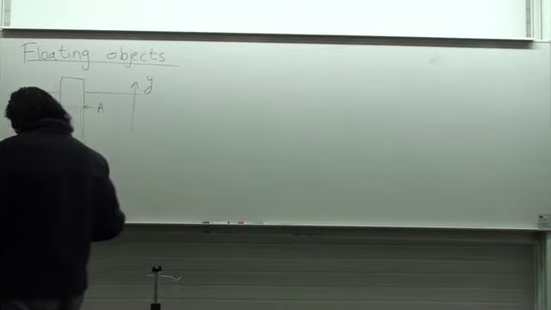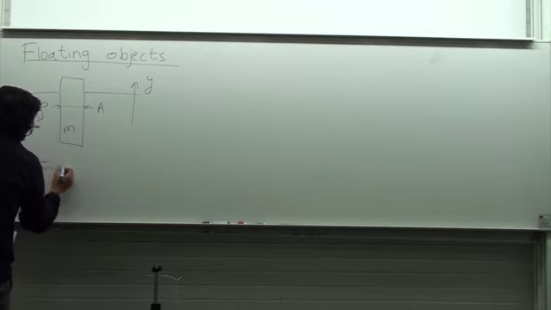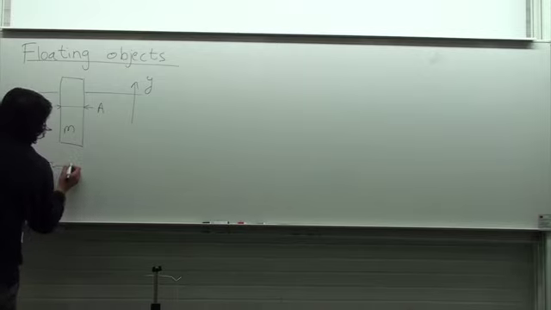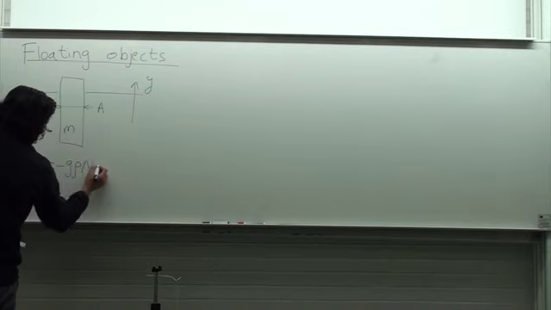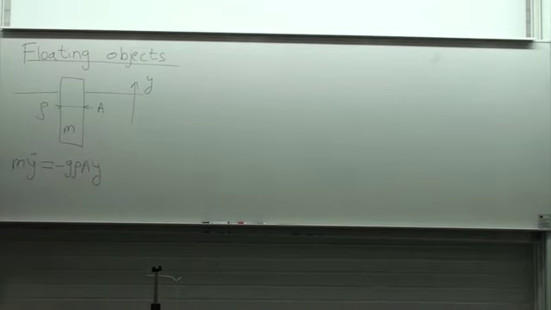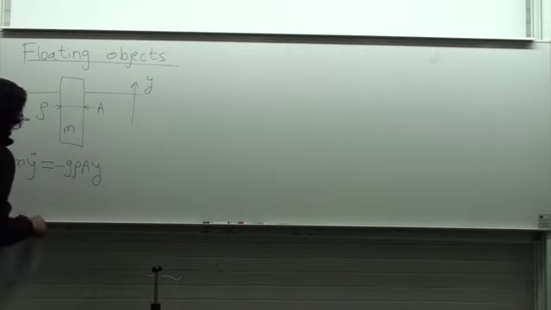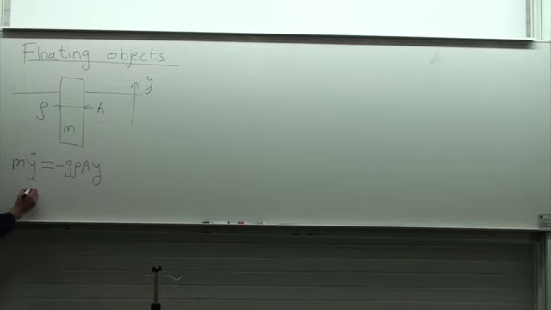And the buoyant force, I'll remind you, would be minus g rho a y. That is the buoyant force. Okay, so y double dot plus rho g a over m times y equals 0.